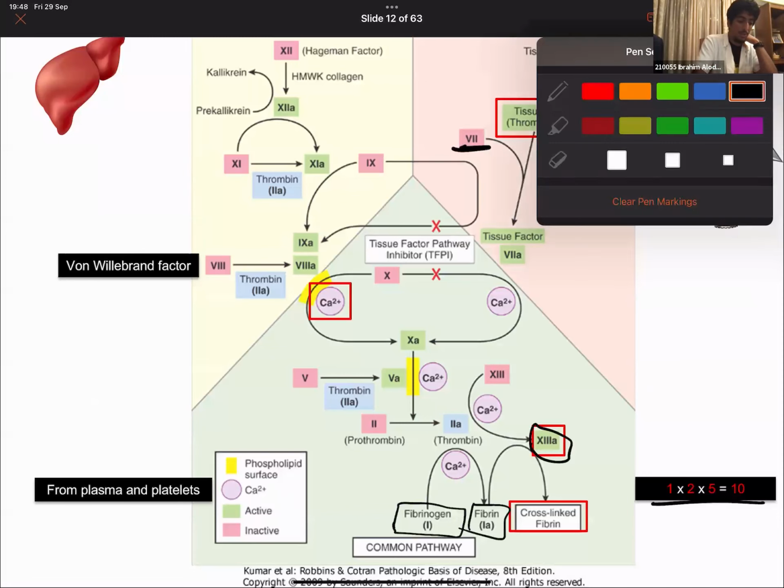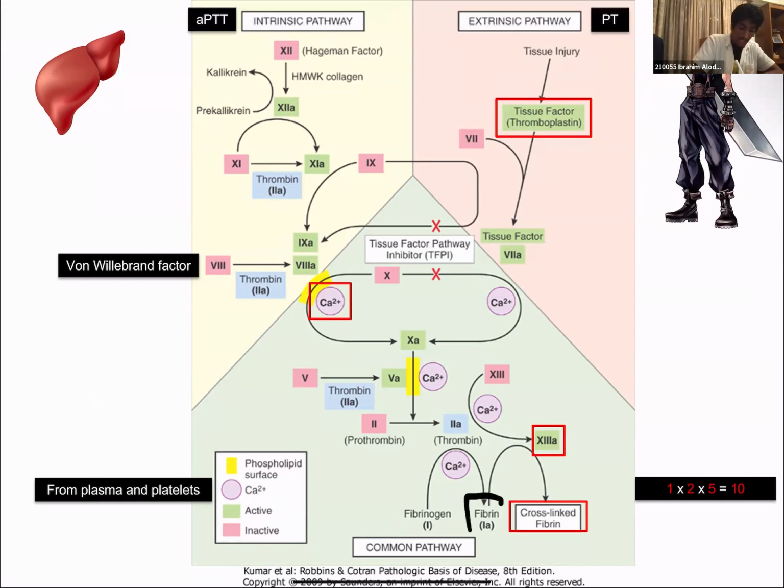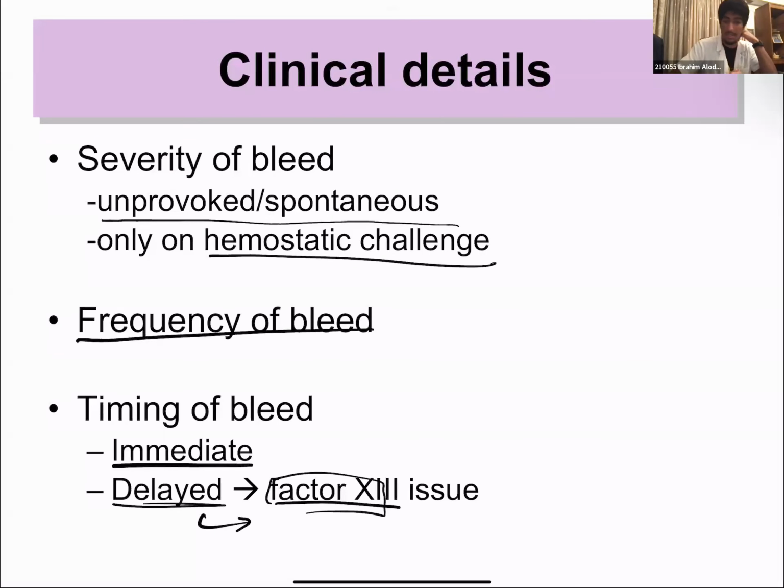The fibrin clot is getting formed, and here it is, it's there. But factor 13 acts on the fibrin clot after it's formed, right? So if you have an issue with factor 13, you are not getting this stronger cross-linked fibrin, which means that when you stop the bleeding, it's going to dissolve quickly and you're going to start bleeding again. Is that clear?